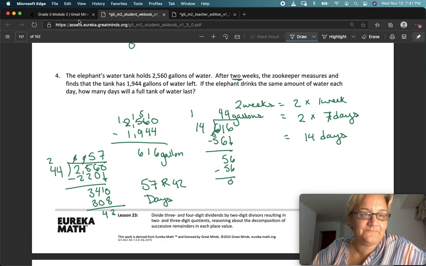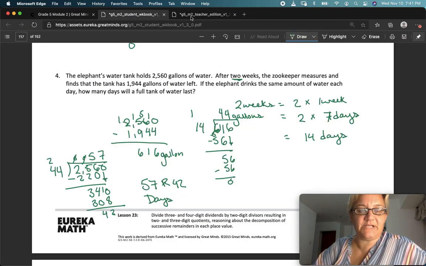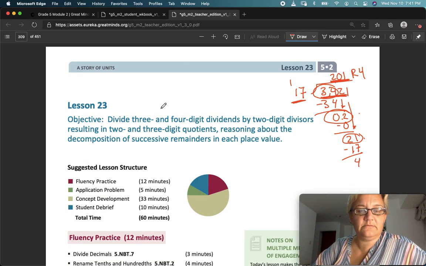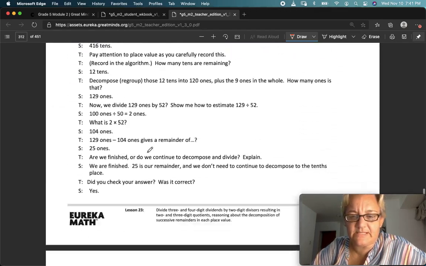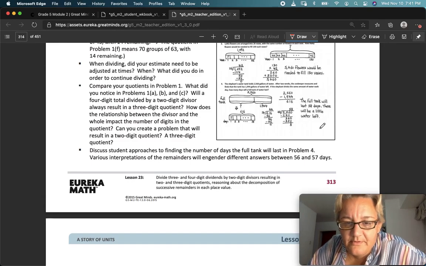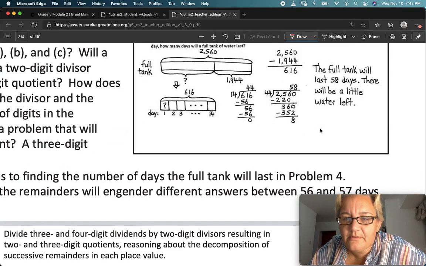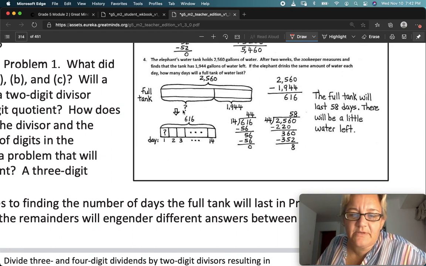Let's see what they said as their answer, just to double check it, okay? Wait a minute here. I just want to make sure I didn't miss something. There were a lot of steps in that problem. They said, okay, so we did this correctly. We got 616 and we divided that and we got 44.